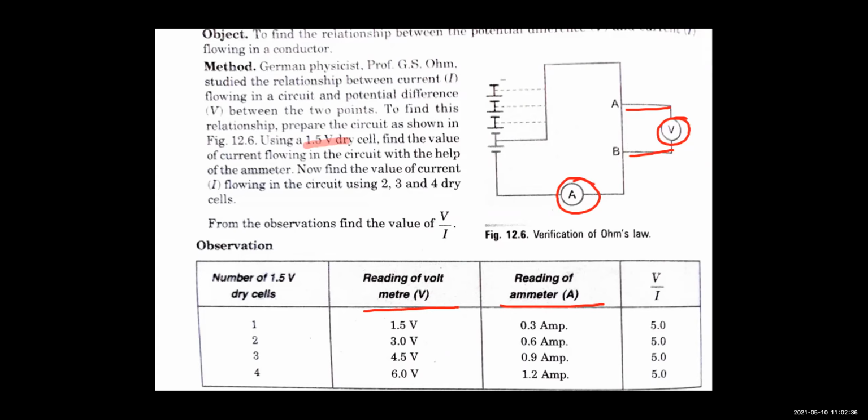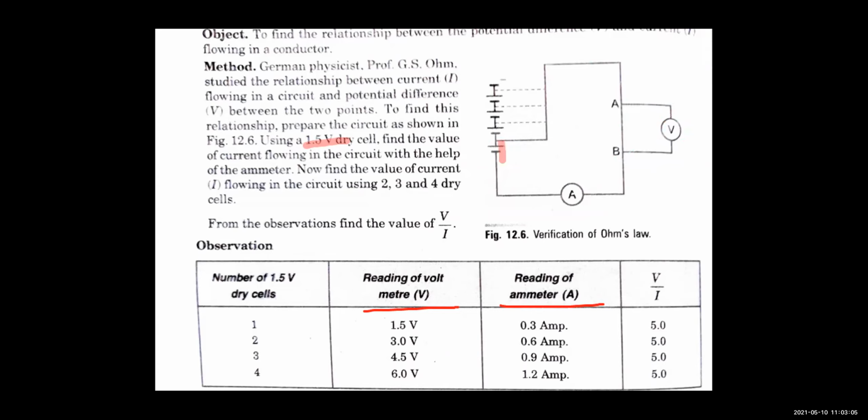Now first step, what you are going to do, you are connecting the wire AB, right? You are connecting an ammeter and you are connecting one cell, that is one positive and one negative, as shown in the circuit. And you are connecting a voltmeter across AB, right? So in your first part, you are having only one cell.